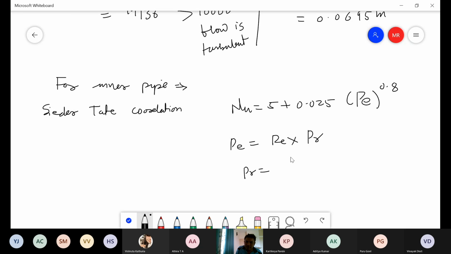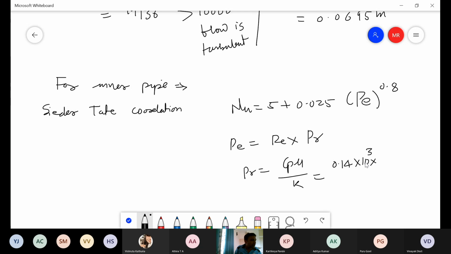So the Prandtl number is Cp mu by K. So we can put all the values. Cp is already given, that is 0.14 into 10 raised to power 3 into mu.